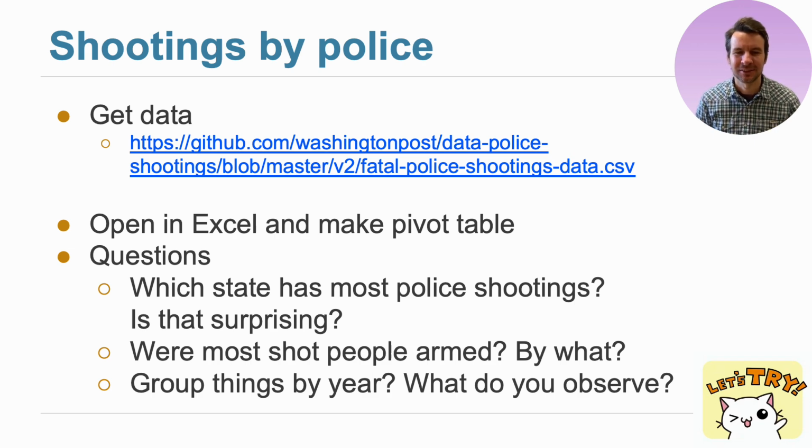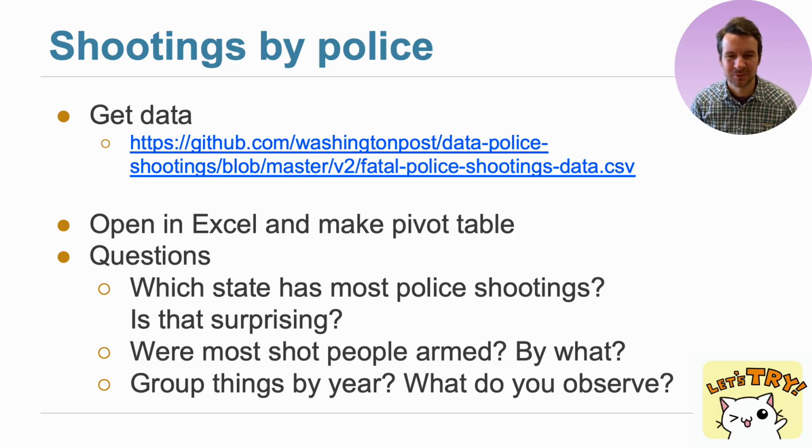Next data set we'll explore is about shootings by police. It is a data set that may be a little bit disturbing. It allows us to show several very nice features of the pivot tables in Excel, so we'll use it.